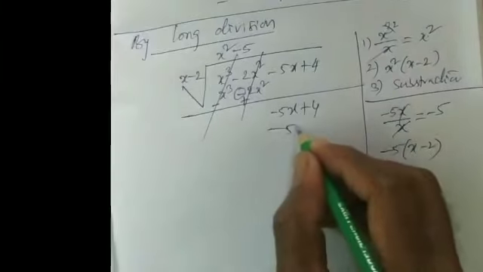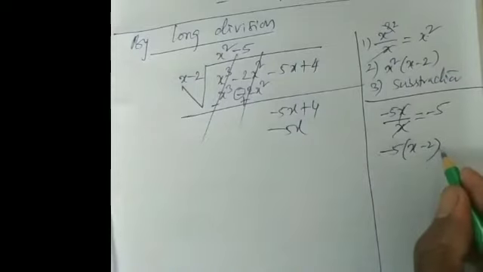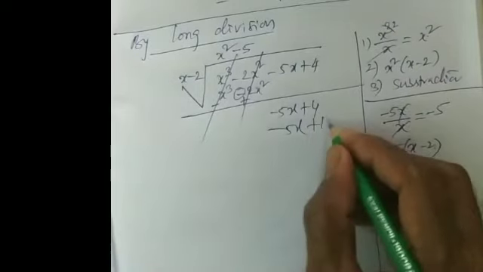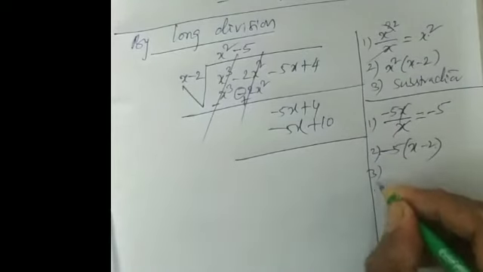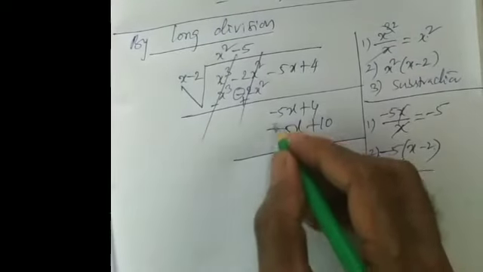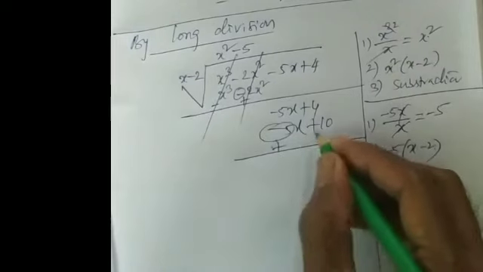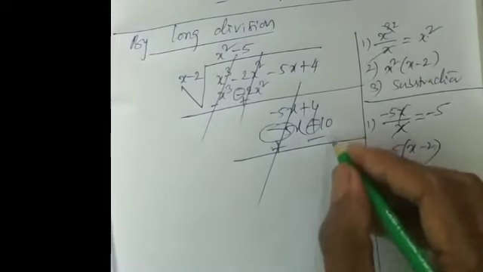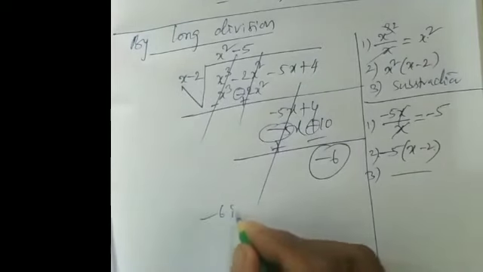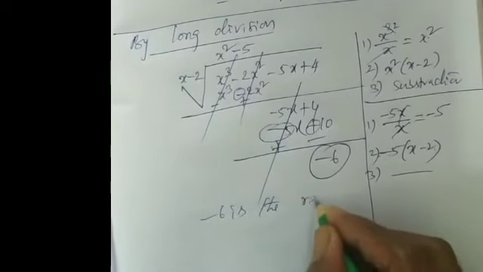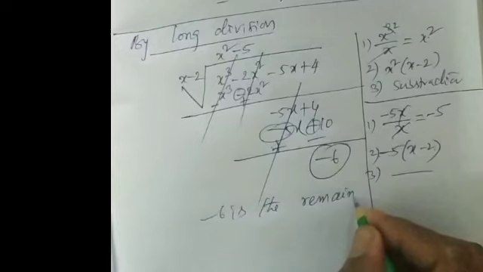So in division we follow these 3 steps by repeating. On multiplying, minus 5 into x is minus 5x, and minus 5 into minus 2 is plus 10, and subtraction means change the sign. You get 4 minus 10, that is minus 6. So 6 is the remainder.